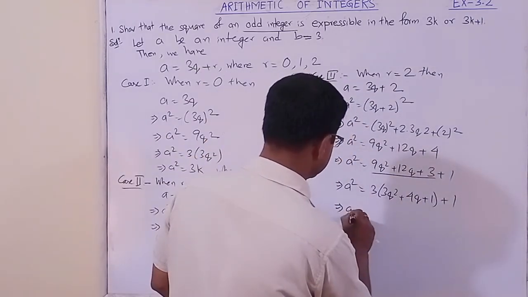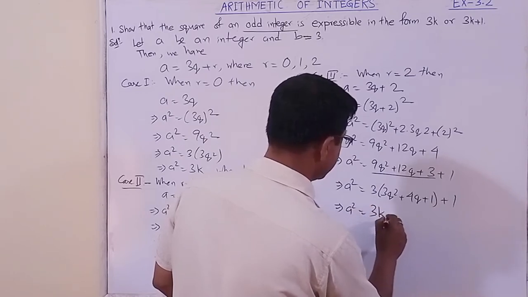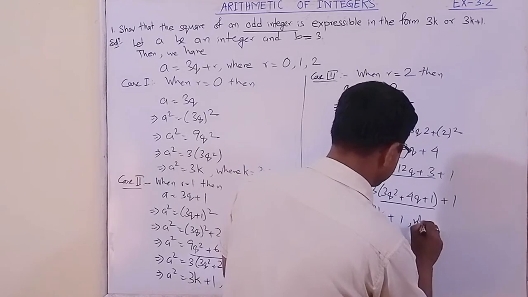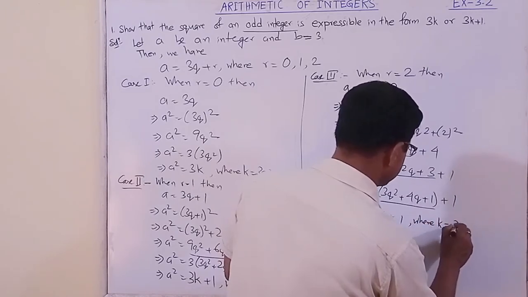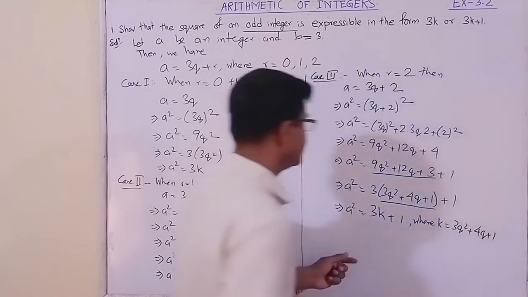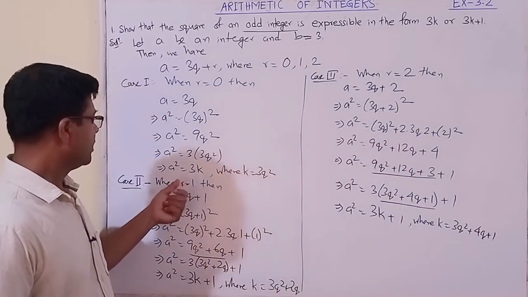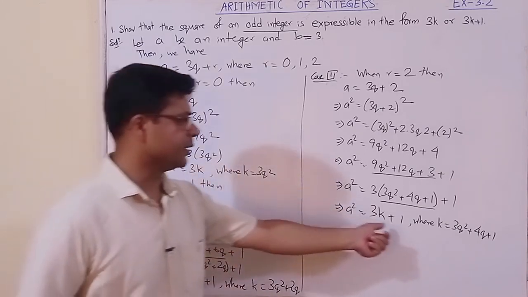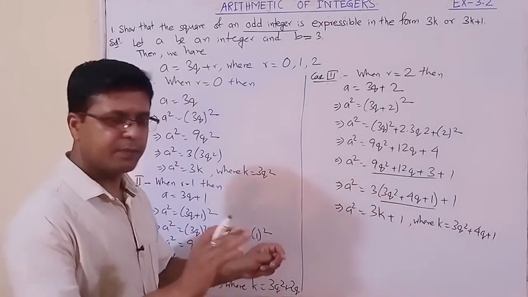So this is a square equals 3k plus 1, where k equal to 3q square plus 4q plus 1. So we have arranged all the square forms as either 3k or 3k plus 1. Let us write the statement at the end.